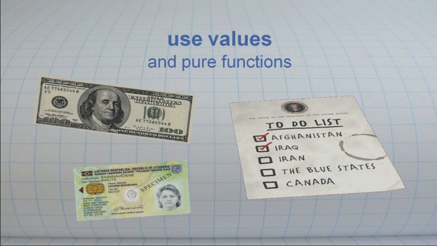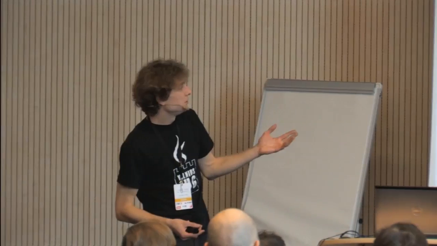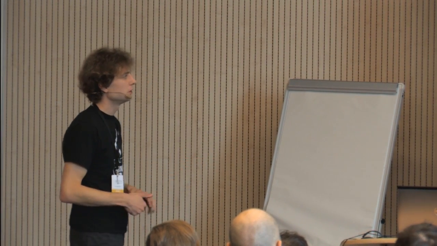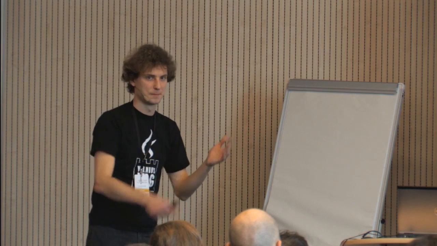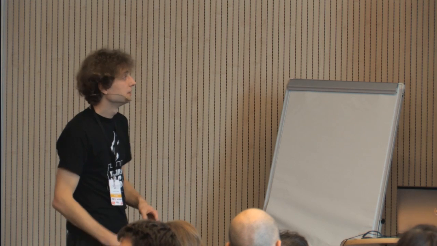Of course, some languages are better at supporting immutable things. For example, lists of things, like a to-do list. A to-do list is just a list, and if you want to remove an item from it, what do you do? In an OO language, you just remove an item. You have a reference to a list and you remove an item. Well, that's mutation.